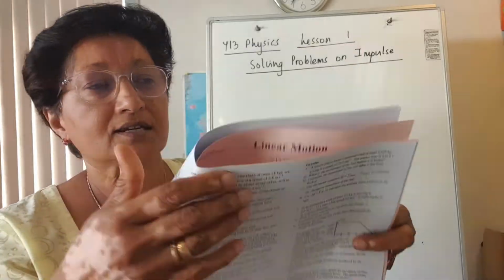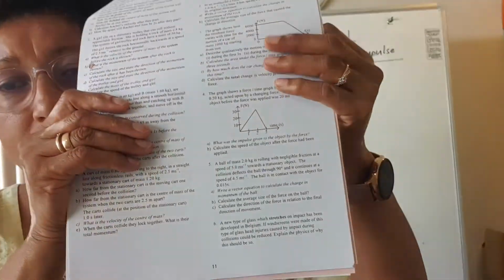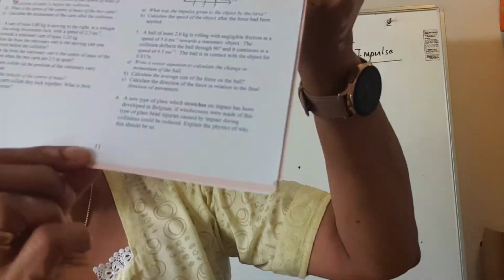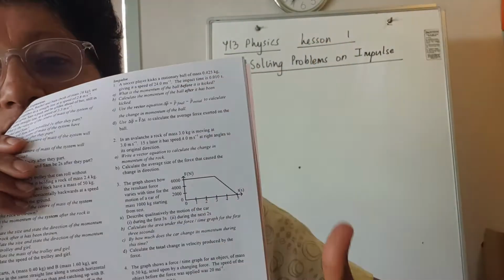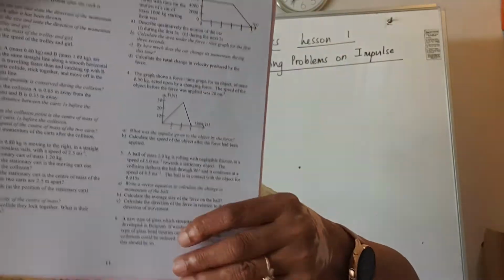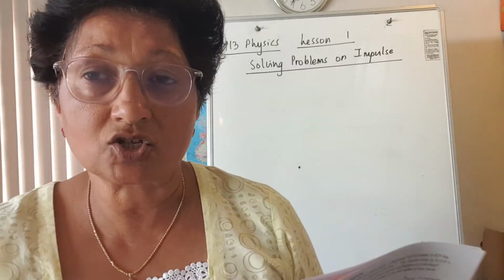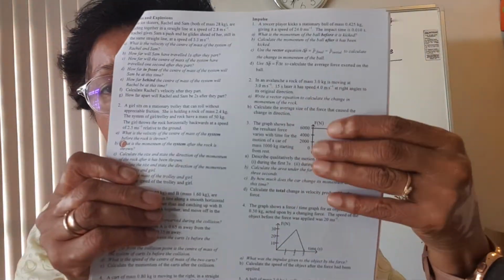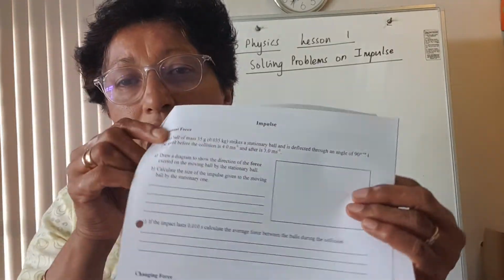Again, this is not in the same order as the booklet, so we're going to go to page 11 first and do these questions on impulse, because that's what I taught you today. My first lesson was to do with change in momentum, and those were the questions. So you can do that once we've solved this worksheet on impulse.